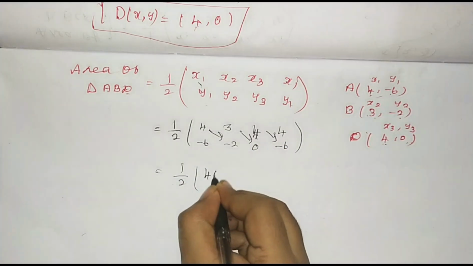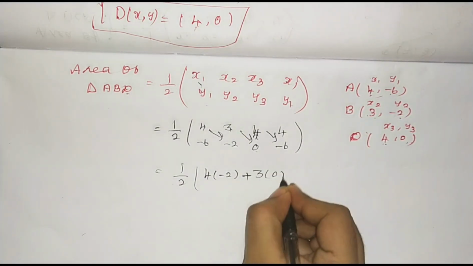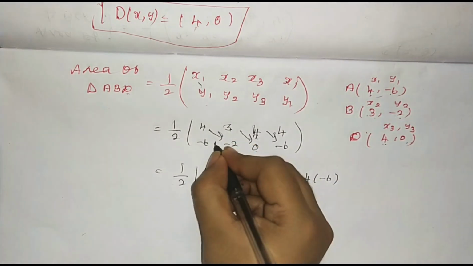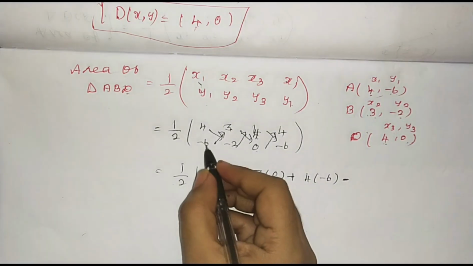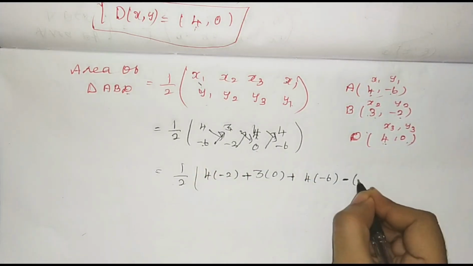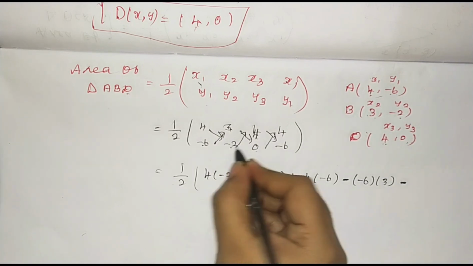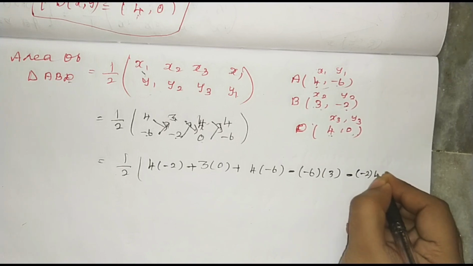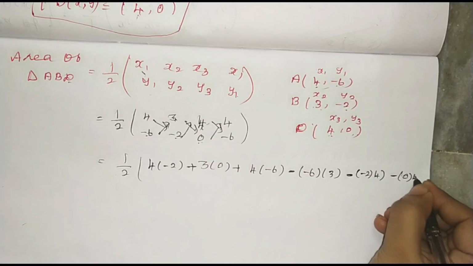Then 4 into -2 plus 3 into 0 plus 4 into -6. Next, the down to bottom arrow mark, the symbol is minus: 6 into 3, again minus symbol, -2 into 4, again minus symbol, 0 into 4.